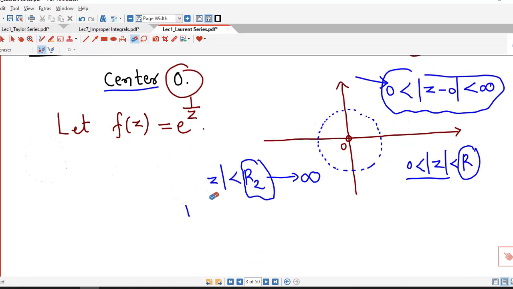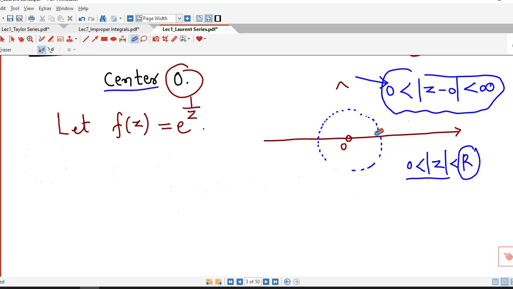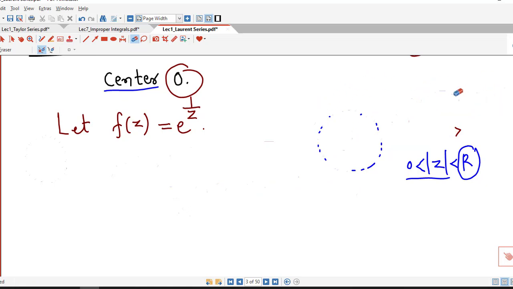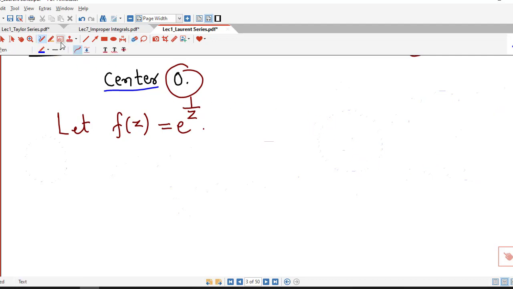Now we are not going to use Laurent's theorem to find the coefficients of the Laurent series. Instead, we are going to use the standard Maclaurin series of e raised to z, which we know.